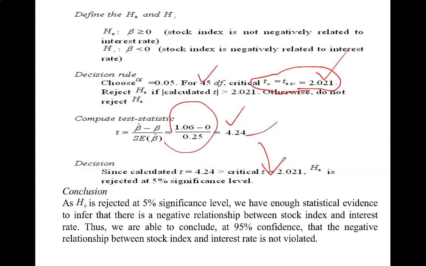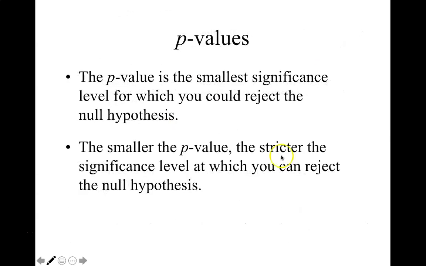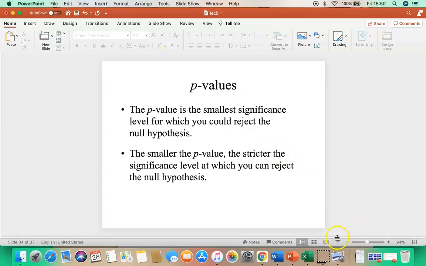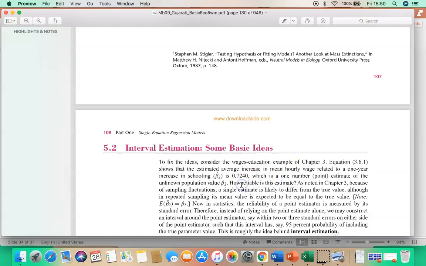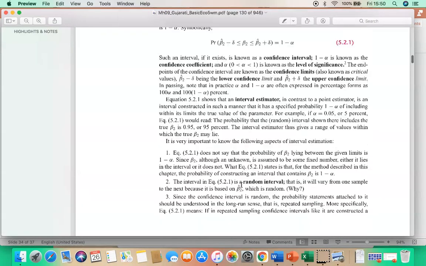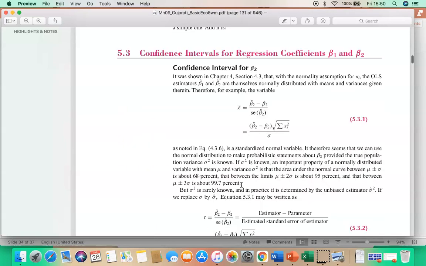And for the null hypothesis, there are more examples in the book. Let's have a look at the book I mentioned just now. This Gujarati book, when we talk about interval estimation, has some of the ideas behind it. You can have a look at how they calculated it.